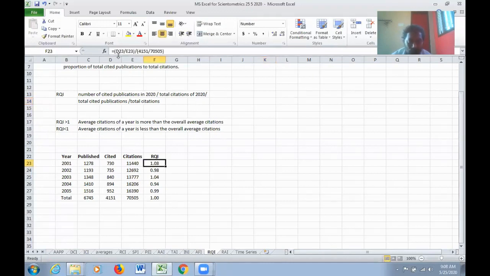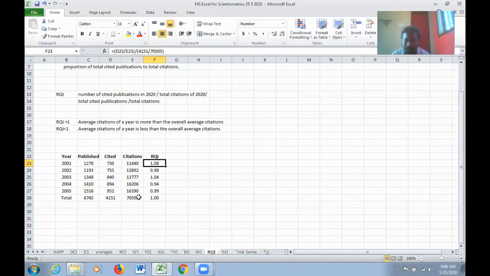So what is my RQI? It says D23. What is D23? Number of cited publications divided by E23, total citations received. That is 730 divided by 11440. First part of the formula. Divided by 4151, what is that? Total number of cited publications divided by 70505, total citations.